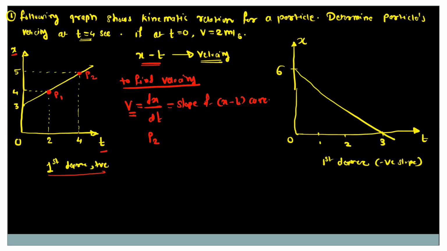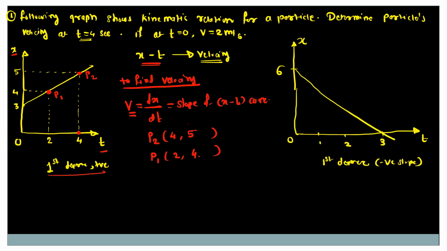For P2, we have the x coordinate as 4, and its y coordinate is 5. Then for P1, we have the x coordinate as 2, and its y coordinate is 4.